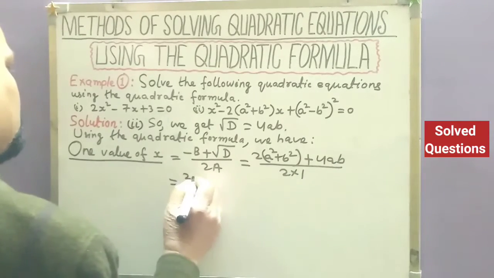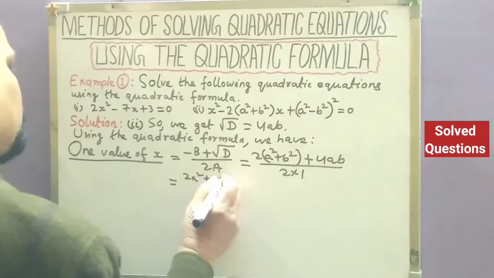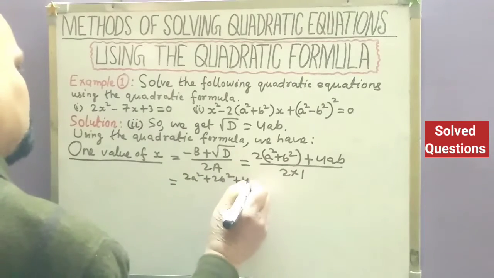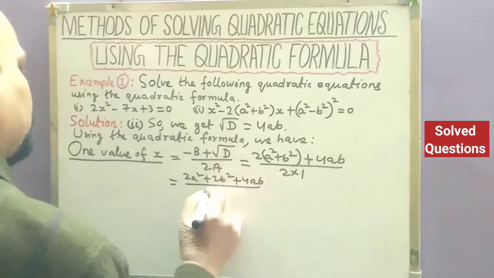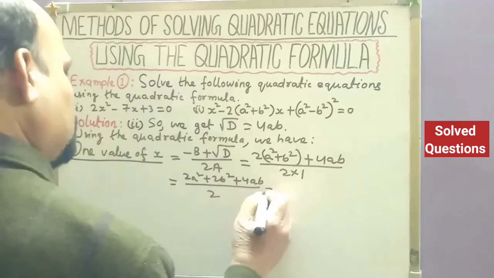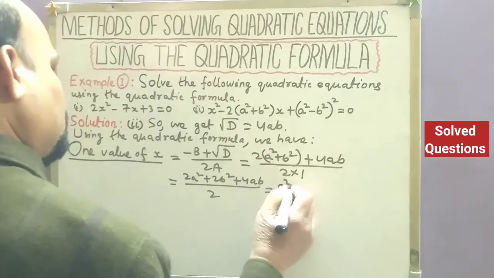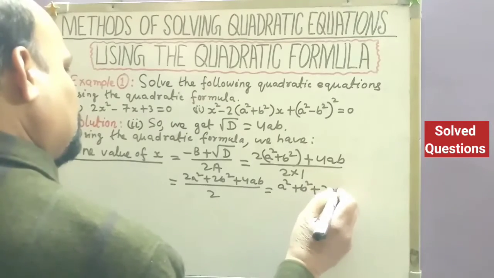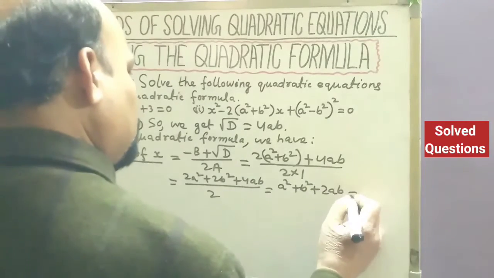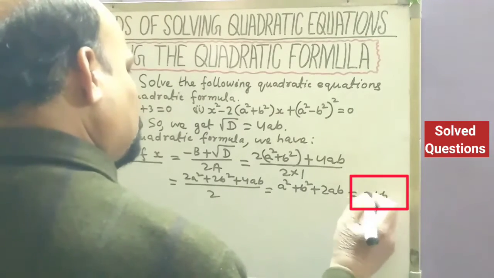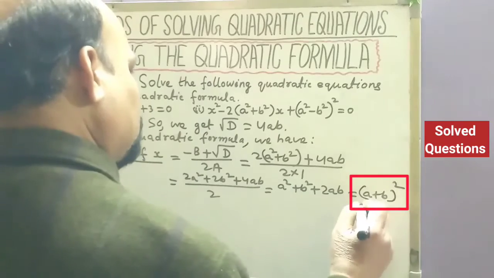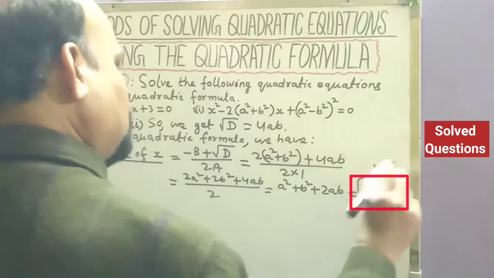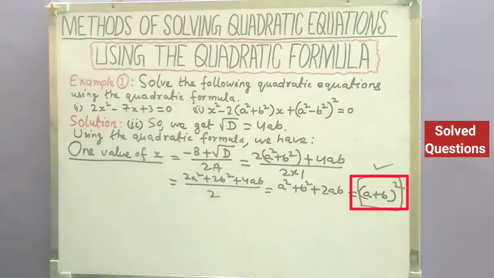Opening brackets, we get 2a square plus 2b square plus 4ab upon 2, that equals a square plus b square plus 2ab. It is the formula of (a plus b) whole square. So this is the one value of x.